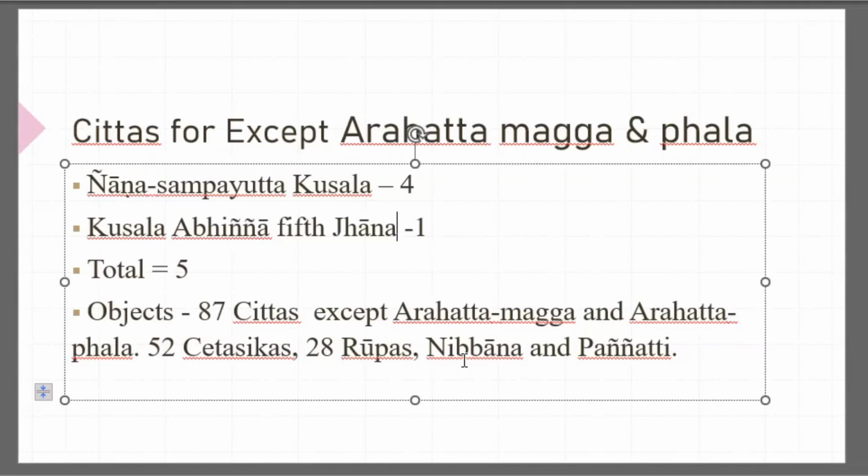Anagami can read others' Sotapanna, Sakadagami and Anagami minds, not the Arahat. So we have to memorize that these 4 Jnana Sampayutta Kusala Cittas and the Kusala Abhiñña Citta can take all the objects except Arahatta Magga and Phala.